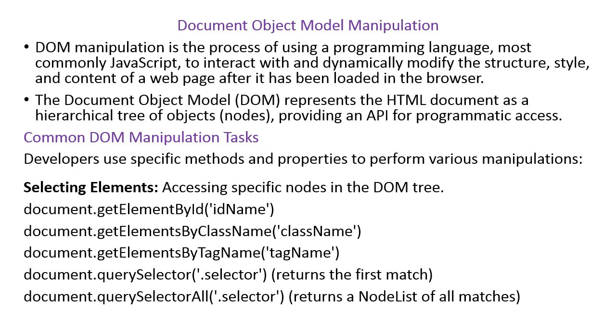There are different methods we can follow: document.getElementById, document.getElementsByClassName, document.getElementsByTagName, document.querySelector, and document.querySelectorAll. document.querySelector returns the first match. document.querySelectorAll returns a NodeList of all matches.